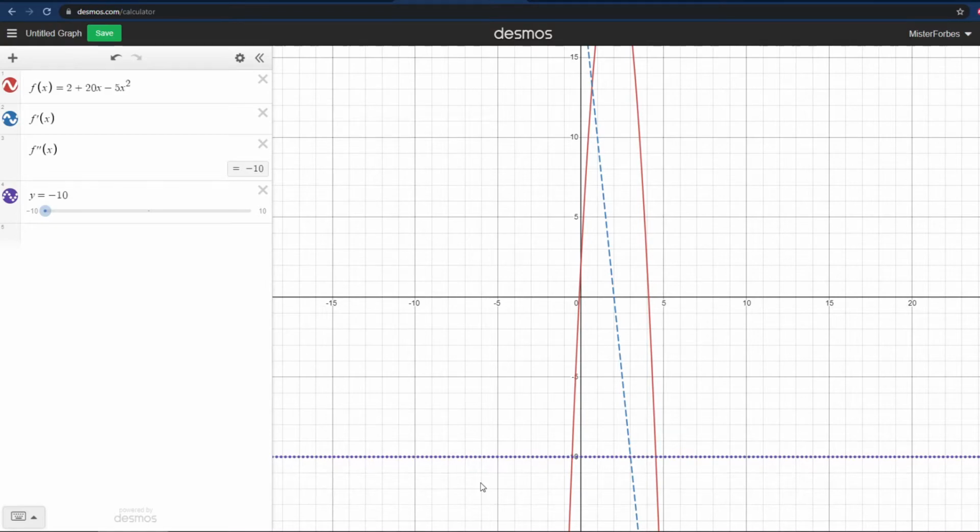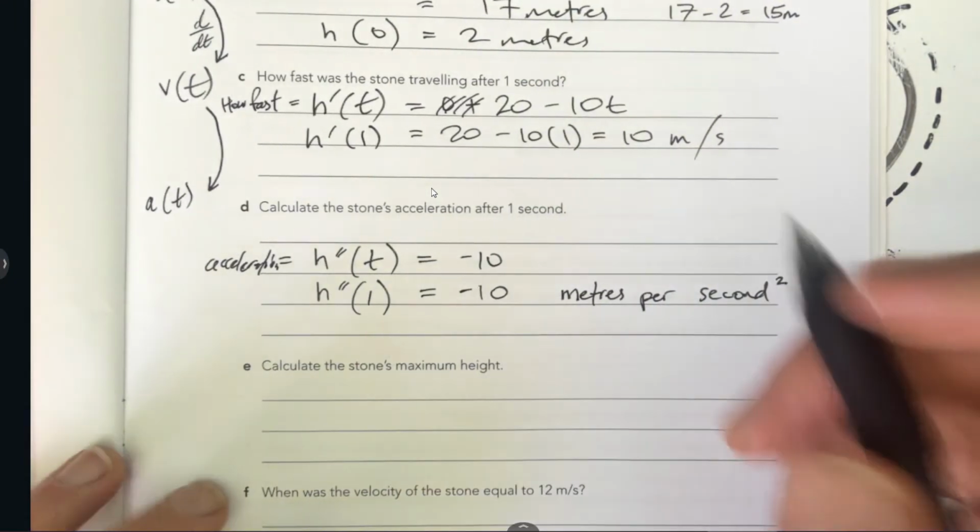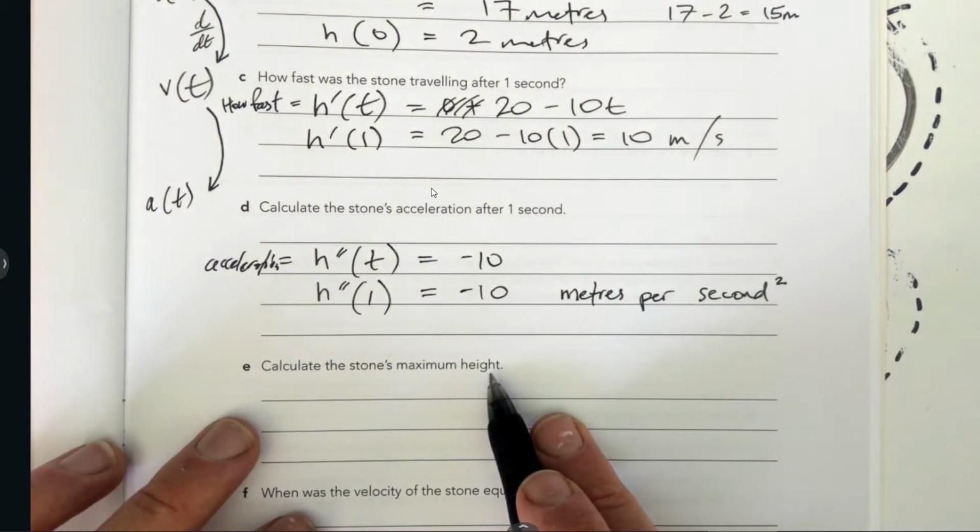It's constantly decelerating at 10 meters per second. Alright, it's constantly decelerating. Every second that goes by, its velocity decreases by 10 meters a second. Okay, so yeah, maybe I over-explain that. I definitely over-explain that, but okay, anyway, calculate the stone's maximum height.